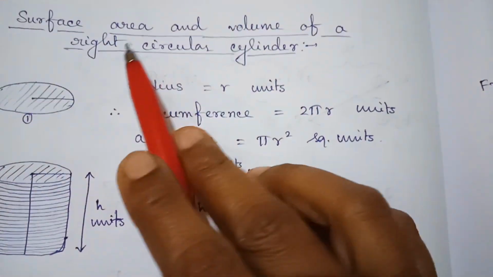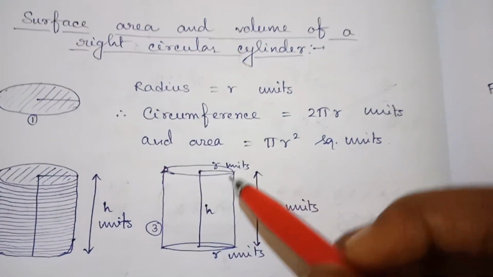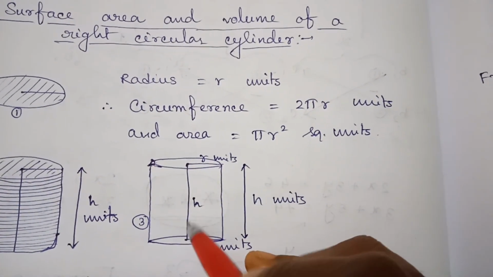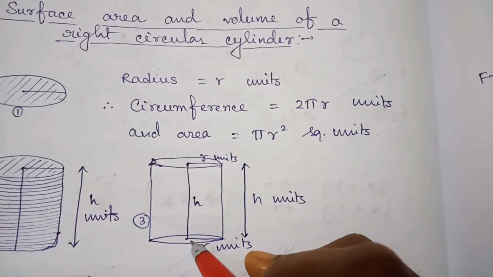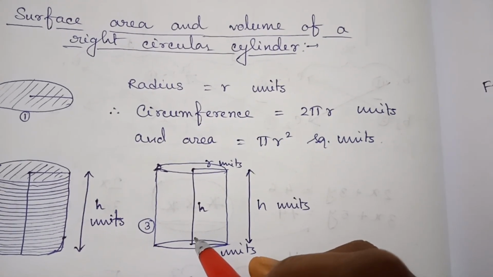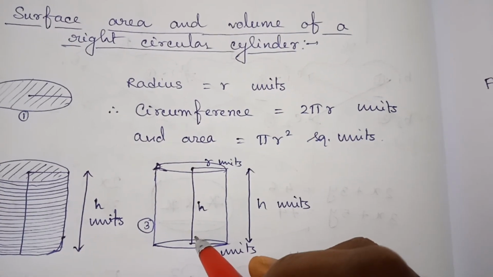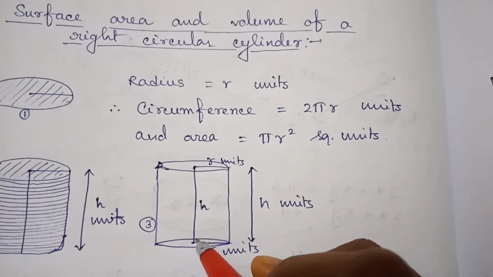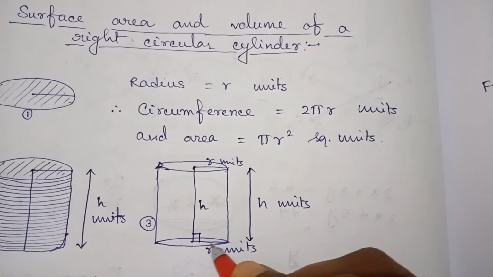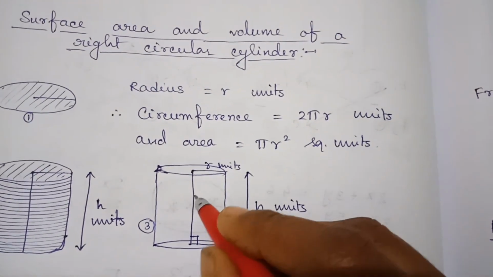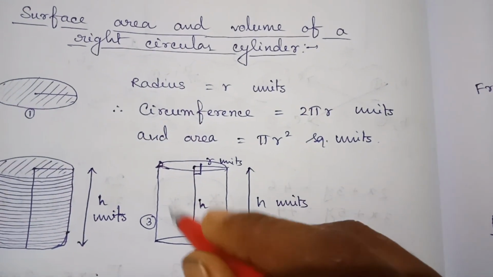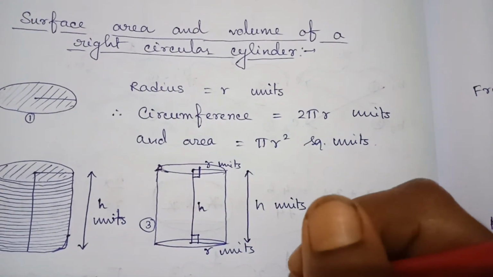And why right circular? Because this middle line, or in mathematics the axis of the cylinder, is at right angle to the radius of the circular bases.